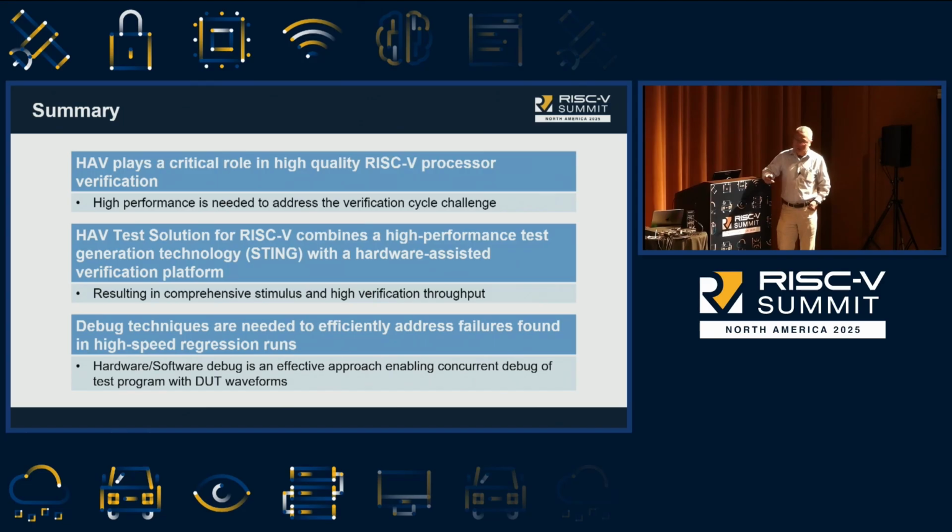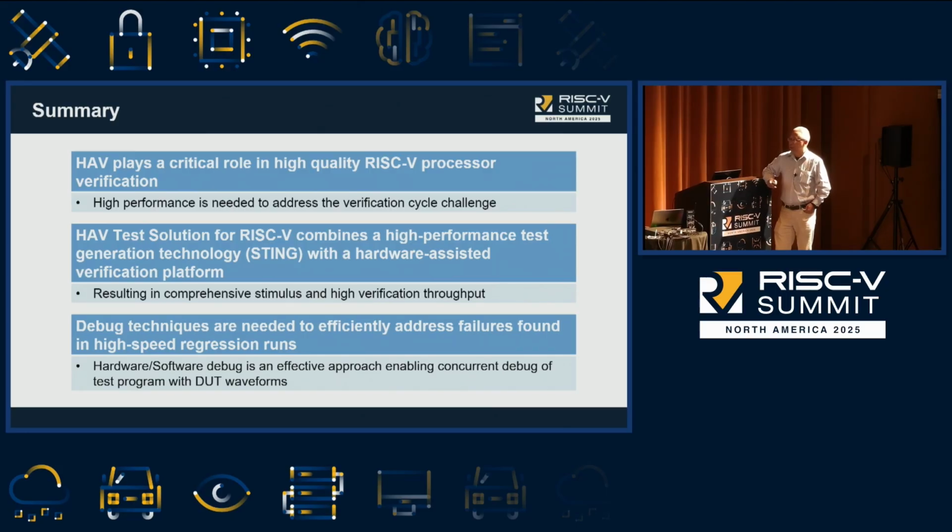Before we end the session, let me give a very short summary. We believe that HAV now plays a critical role in high-quality RISC-V verification because of its high performance. And this HAV test solution we presented here will integrate high-quality test generation from Sting and the HAV platform, and it can provide even better performance.